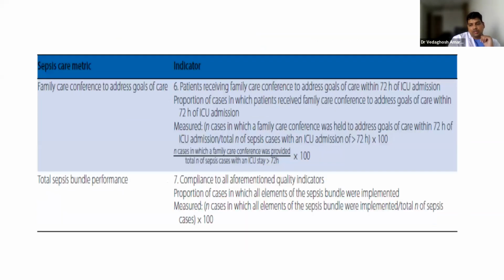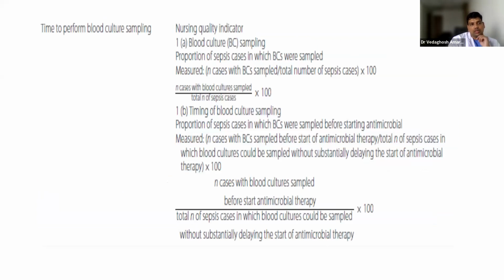They say time to perform blood culture sampling is an important nurse quality indicator. They say the proportion of sepsis patients in whom blood cultures are sent early, within 1 hour, and definitely sent before antimicrobials, is an important nurse quality indicator.